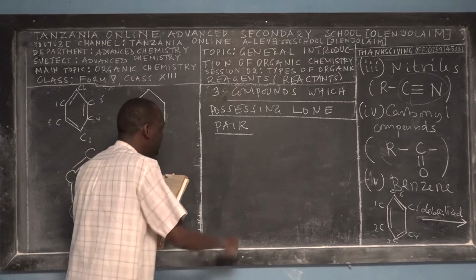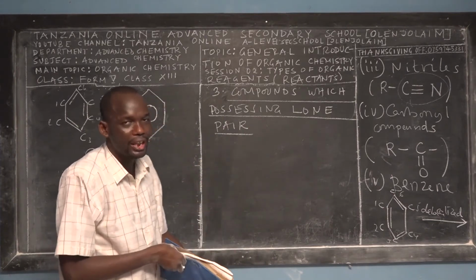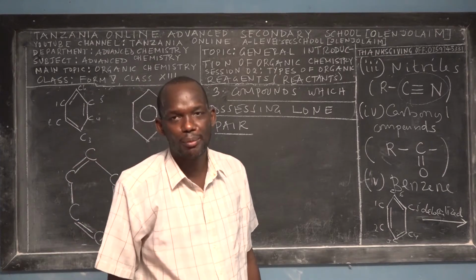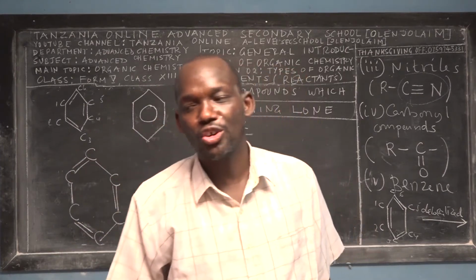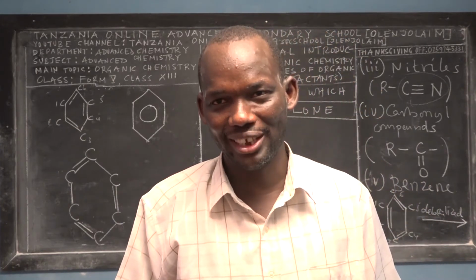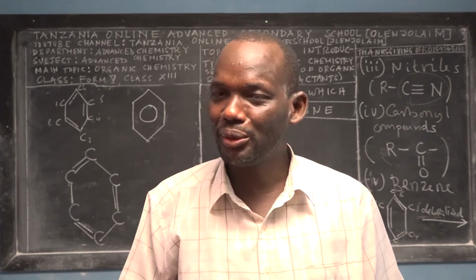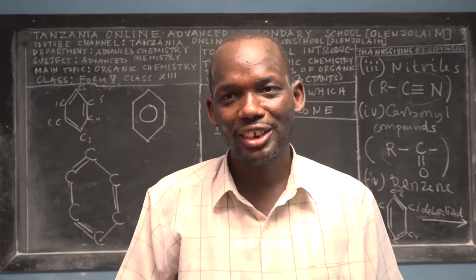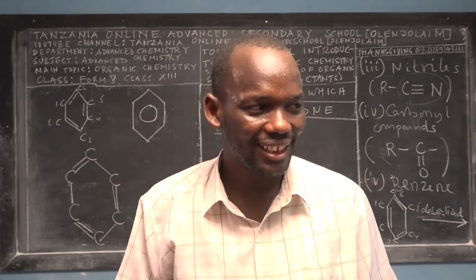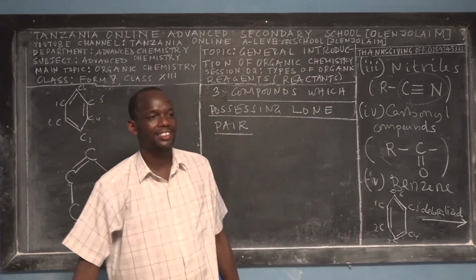Because that's the point when we teach students for the first time about lone pair. We didn't mention the vocabulary of lone pair when you are in ordinary level. When you are in ordinary secondary education, we mentioned many vocabulary words, but unfortunately we kept it quiet. We didn't mention lone pair. Right? Okay. Lone pair. What is lone pair?